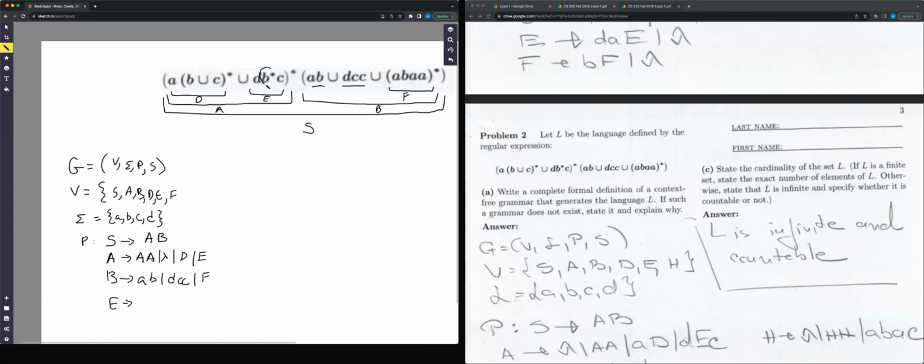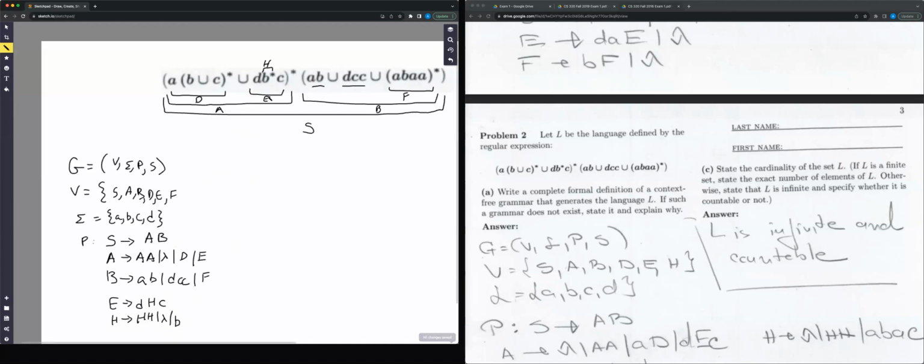We don't have anything to define this B star, so we need another variable. So let's call this H. I'm skipping G because I've already used G. So H is going to handle the B star. We definitely need another variable for that. So this is just going to say DHC. And then H is just a star. So let's just do HH or lambda, or my base case, which is just a B.